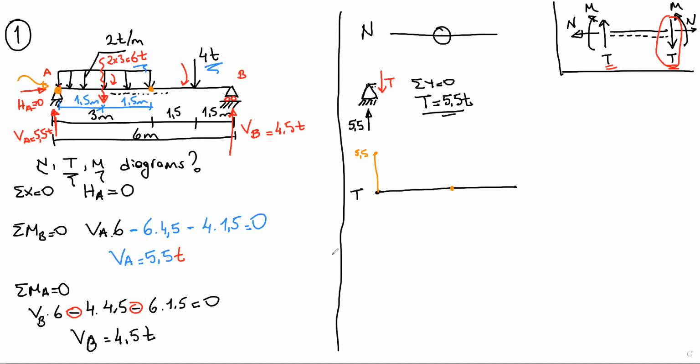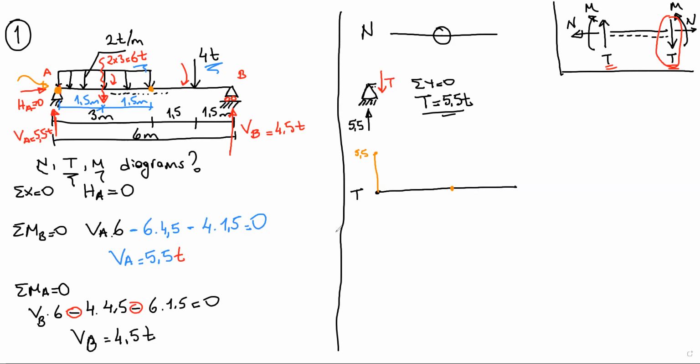What we are going to do, if you take a look at our table we drew last week, it says that if there is a uniform distributed load, the shear force diagram is a first degree curve. That means the shear force diagram will be linear.